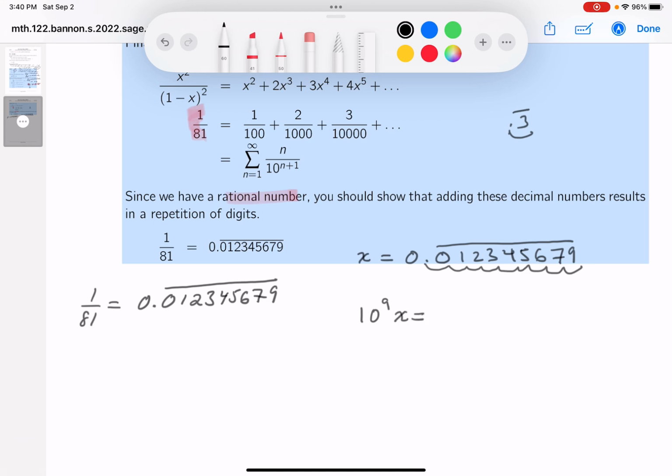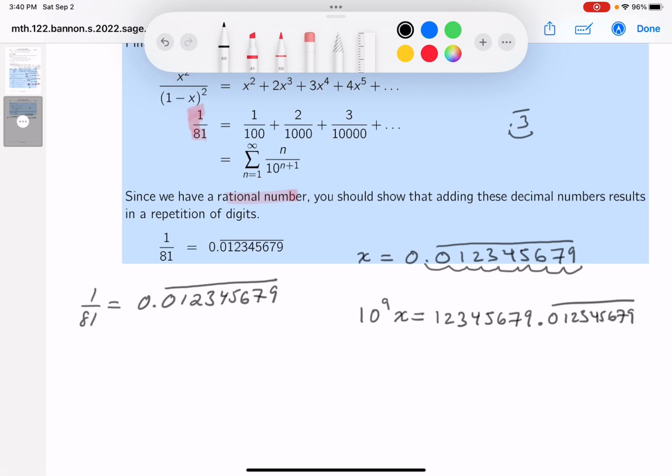And what would you get? Well, you're going to get this. 1, 2, 3, 4, 5, 6, 7, 9. Point. Here comes the tough one. Point something. Point what? 0, 1, 2, 3, 4, 5, 6, 7, 9. And this keeps repeating.